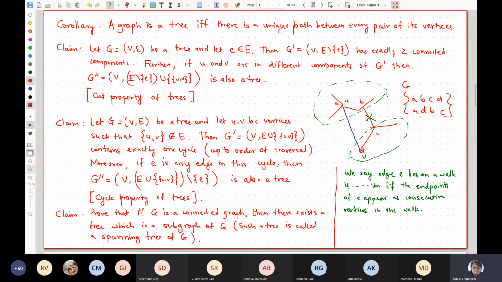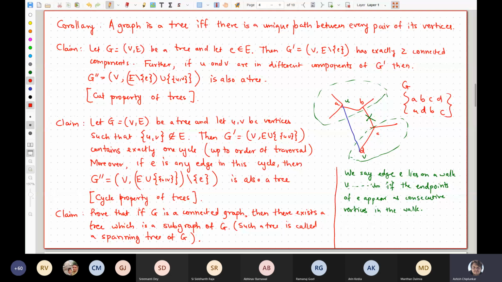So this is also for your tutorial. It's another easy application of the usual well ordering principle, more of a practice of writing proofs using the well ordering principle. What am I claiming? If G is a connected graph, which means there is a path from every vertex to every other vertex, then there must be a tree.